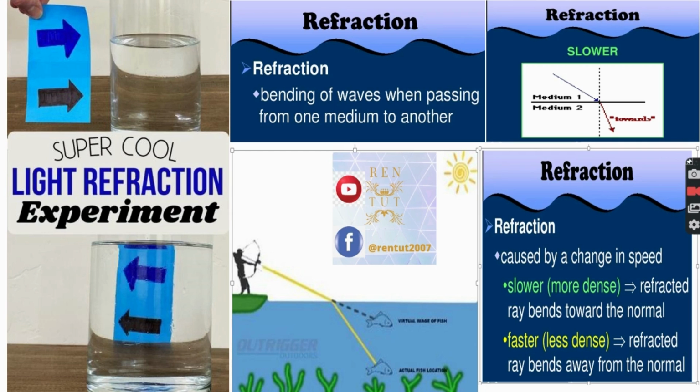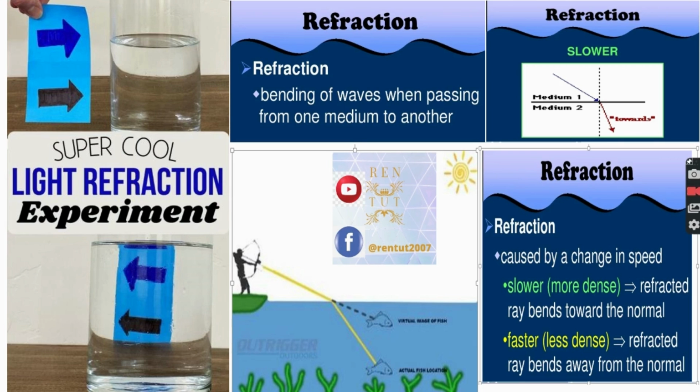Okay, so the top image is the virtual image. You should always understand from which medium the light passes. When it passes from air, which is a rarer medium, into the denser medium, that is water, the light bends towards the normal.